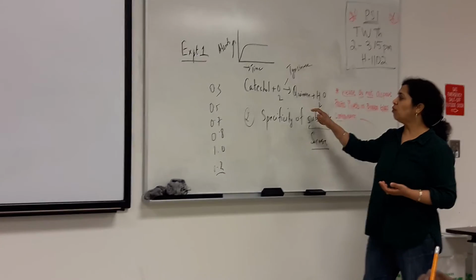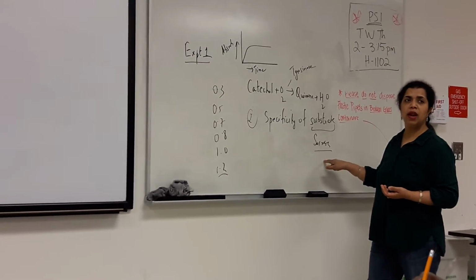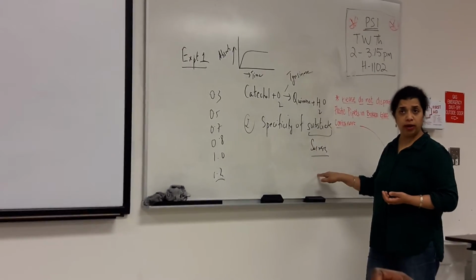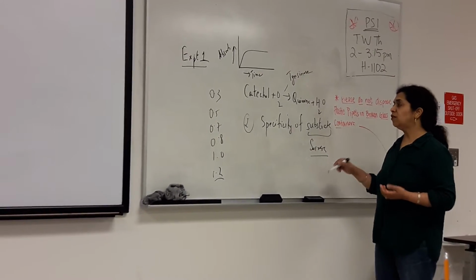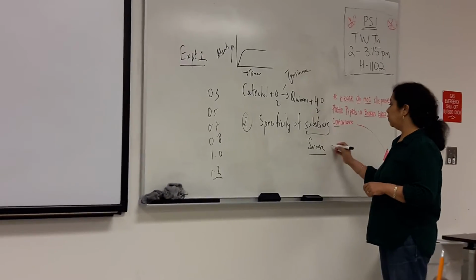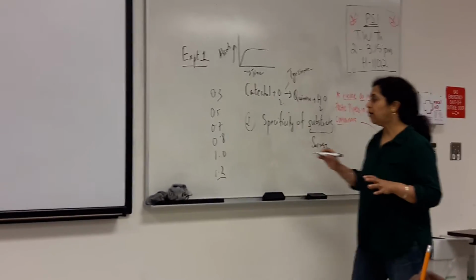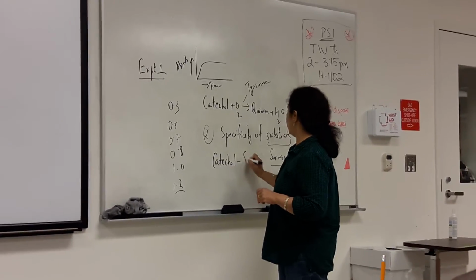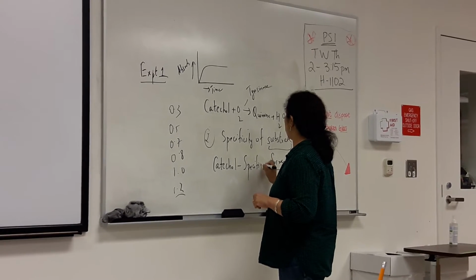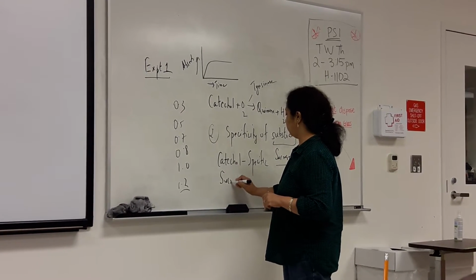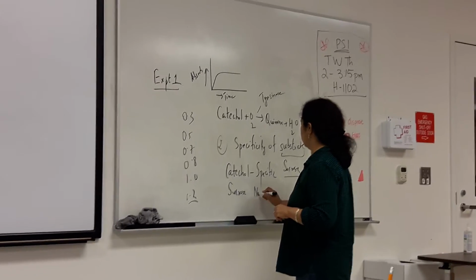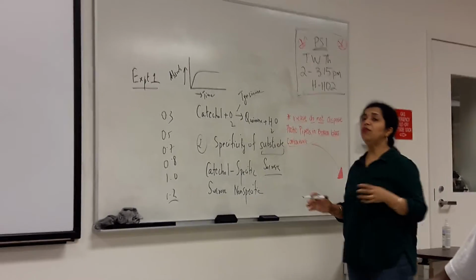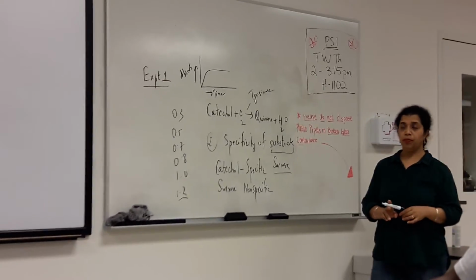It is not because of any reaction catalyzed by tyrosinase, because sucrose is a non-specific substrate for tyrosinase. So we studied specificity of the substrate. This experiment showed us catechol is a specific substrate, and sucrose is non-specific. So this is what we tried to study in experiment number 1.